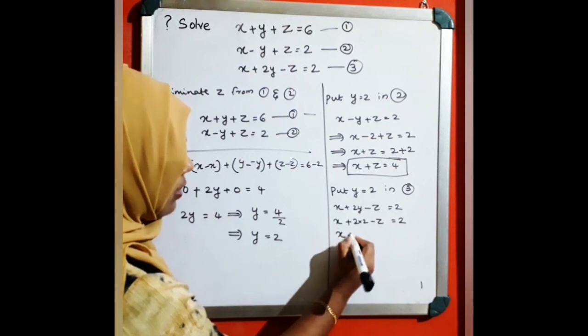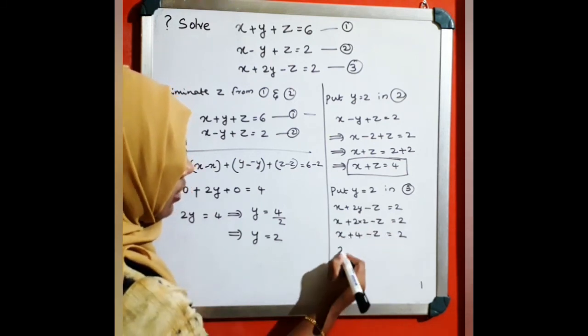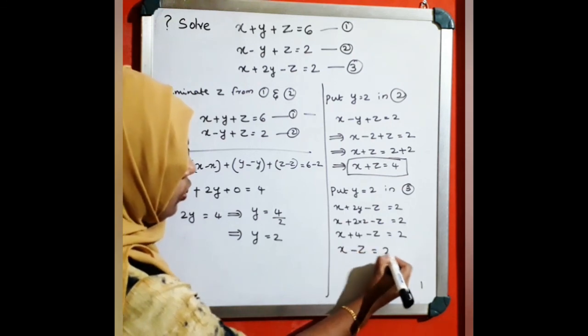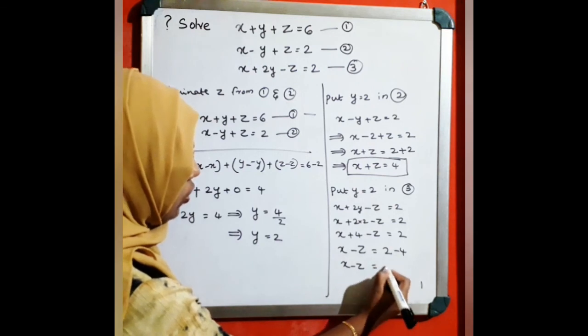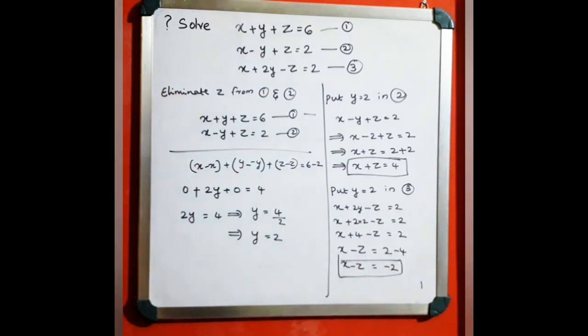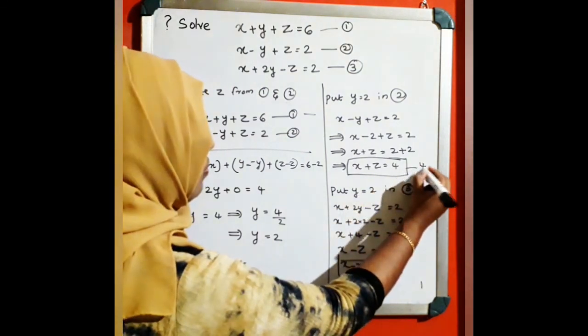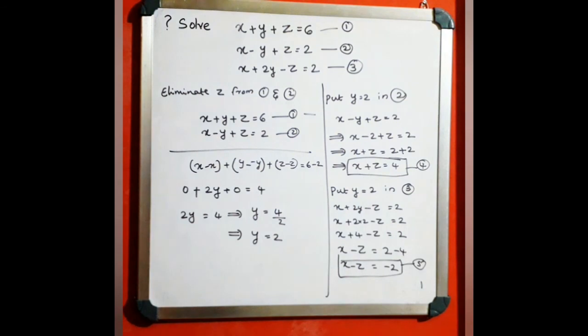That is x plus 4 minus z is equal to 2. X minus z is equal to 2 minus 4. That is x minus z is equal to minus 2. This is our next equation. So this is fourth one and this is fifth one. So we get another two equations. Just solve this, we get the value of x and z.